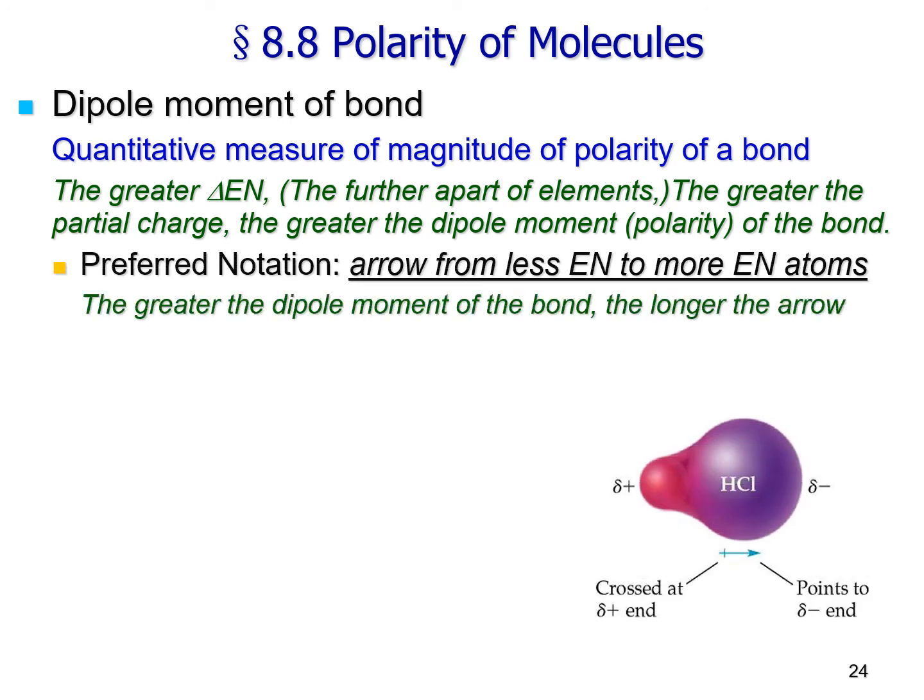And it is my recommendation that we use an arrow to show the polarity of the bond. Remember, the arrow starts from the less electronegative element to the one with the higher electronegativity. And the greater the dipole moment, the greater the polarity of the bond, the longer the arrow.